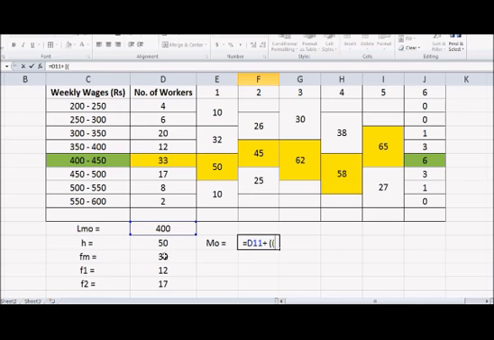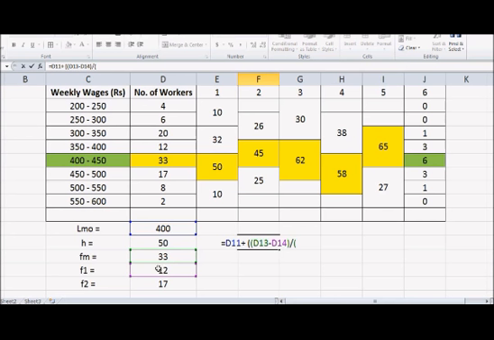So it is this minus that, divided by delta 1 plus delta 2.